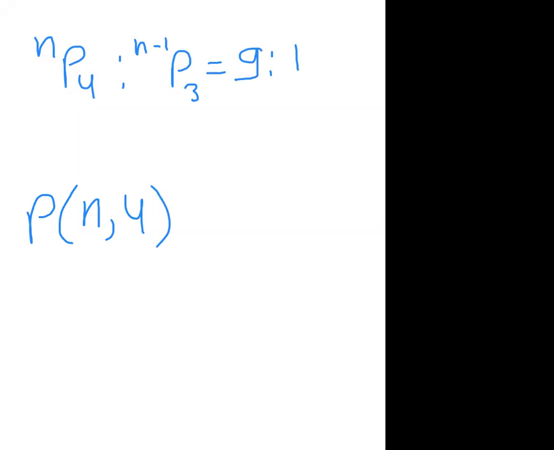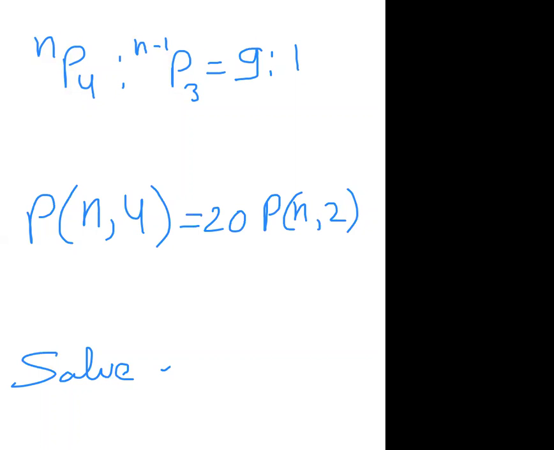And nP4 equals 20 times nP2. In the two questions, we need to solve for n. Hope you are writing these questions. Please take care of these questions. Keep solving, then only you will be able to do the things.